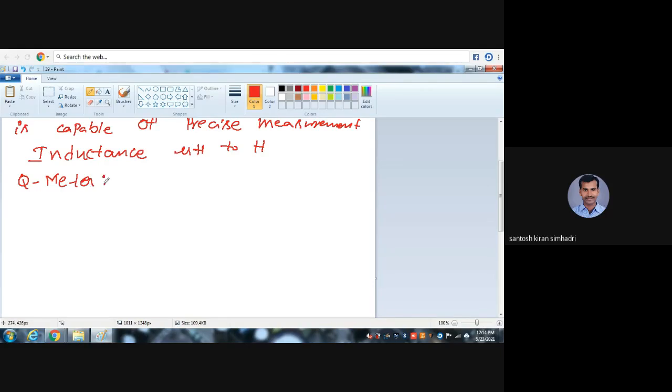This is the Q meter. Yes, sir, what is the Q meter? Actually, this Q meter is a piece of equipment used in the testing of radio frequency circuits.